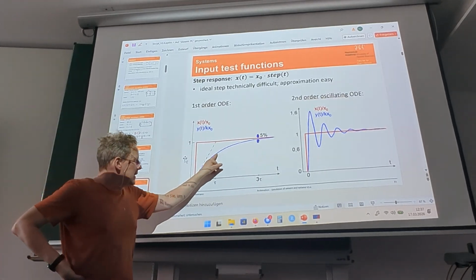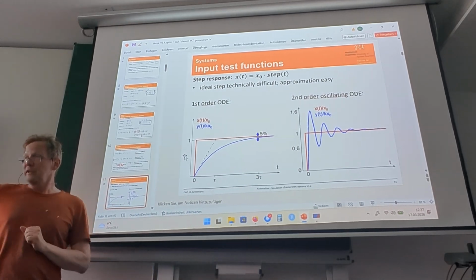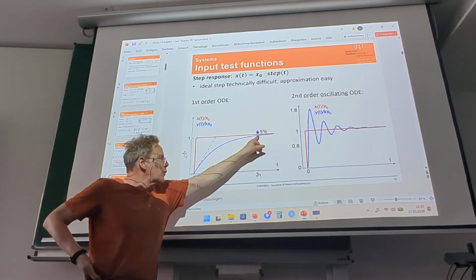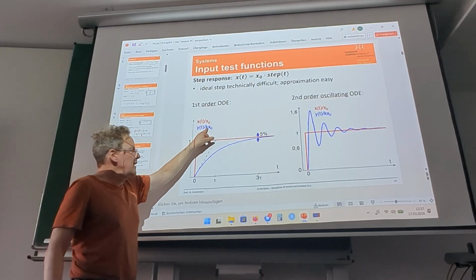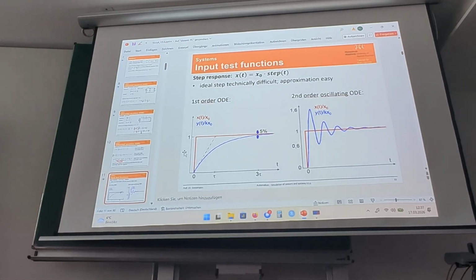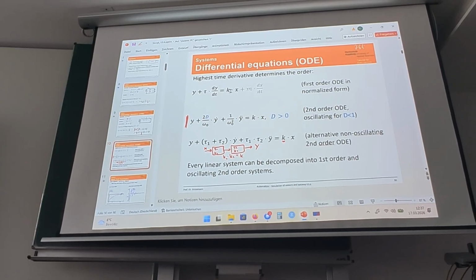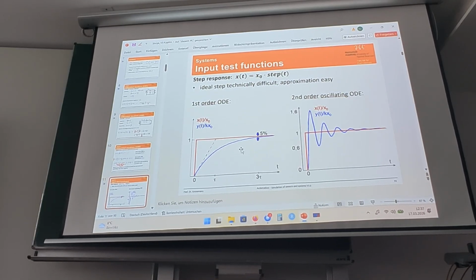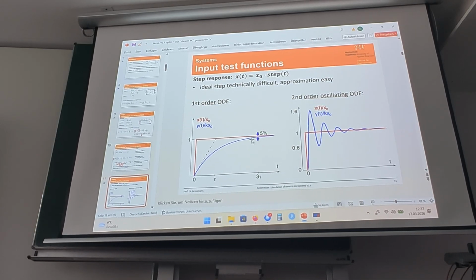It will follow with a delay, and after some time, which has to do with the tau from the differential equation, we will get close to K, the sensitivity constant, also from the differential equation. Okay, this is the K, first order differential equation. So K times the input, and the output will be close to that.